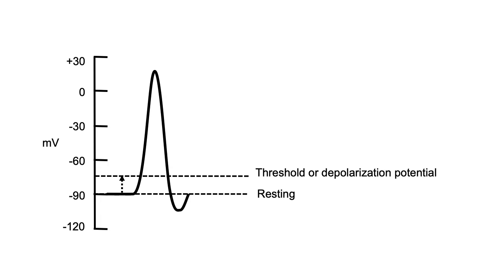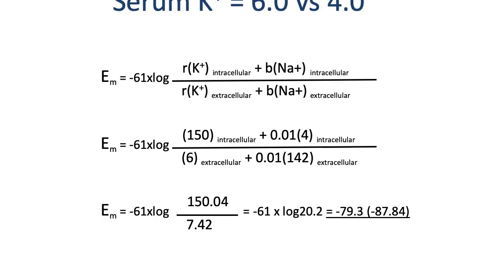Now, let's run the math again, but let's increase the extracellular potassium. Let's say now we've introduced some kind of a problem, some disorder, and now the patient has a high serum potassium concentration. Let's redo the Nernst equation, okay? Same equation, all right? So intracellular potassium, 150 for the moment, okay? We haven't done any shifting yet.